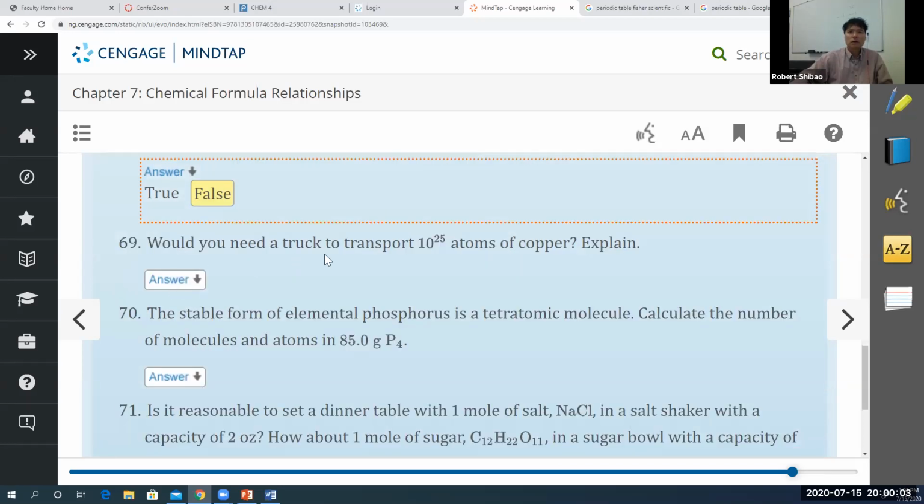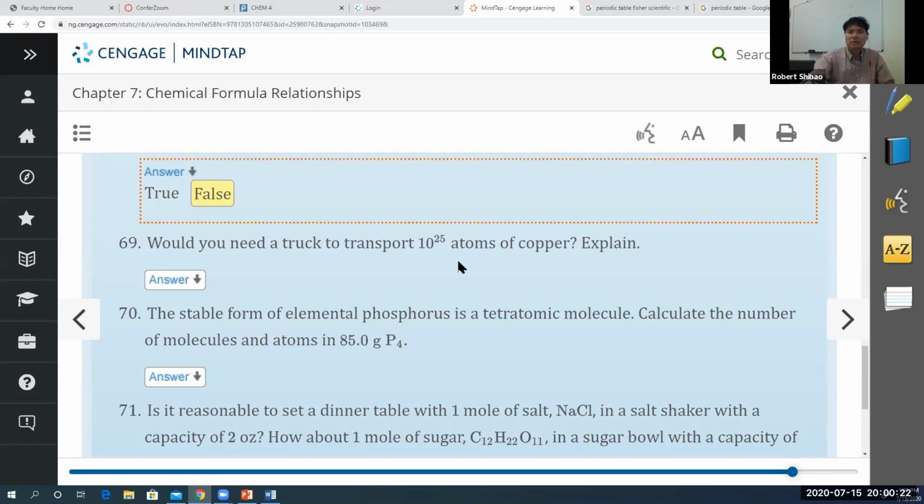Would you need a truck to transport 10 to the 25th atoms of copper? No. This is just over a mole. A mole is about 10 to the 23rd, so this would be like 100 moles. 100 moles, copper weighs 63 grams on average, off the periodic table.